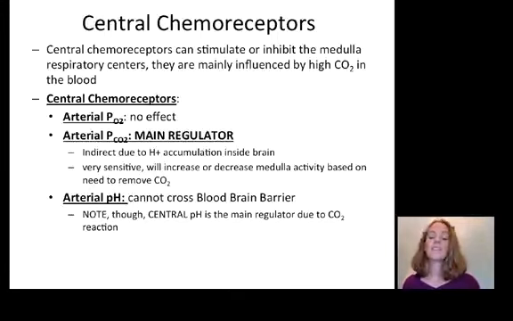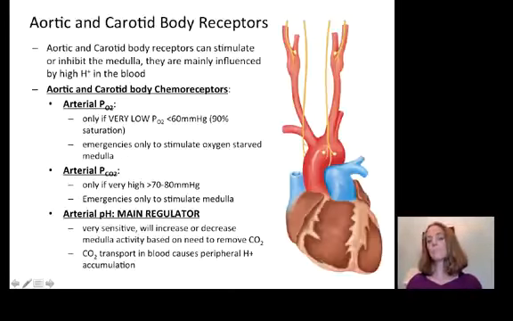Arterial pH then is not directly sensed by the brain because of the blood-brain barrier. So it is the arterial carbon dioxide that affects the central chemoreceptors. But the idea is to prevent acid accumulation in the brain. The peripheral chemoreceptors are located in the aortic arch and the carotid body, so in the aorta and in the carotid arteries, and they are mainly regulated by levels of acid in the blood.